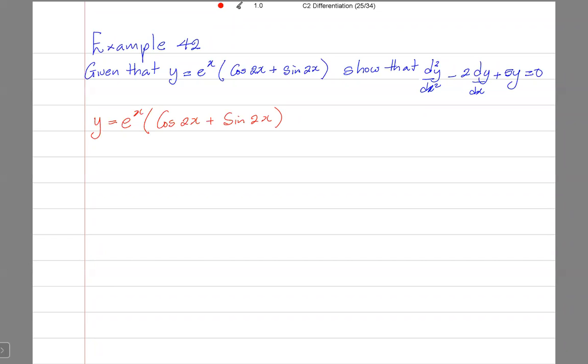So I'm going to apply the product rule, which essentially says that if y is equal to uv, where u and v are functions in x, dy by dx would be equal to u dv by dx plus v du by dx. So let us differentiate.